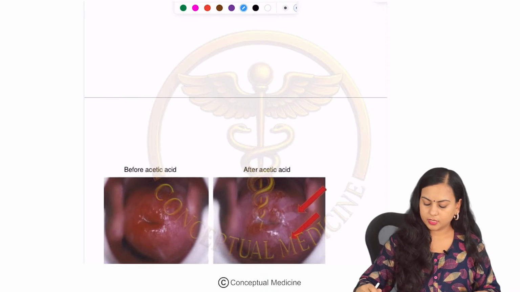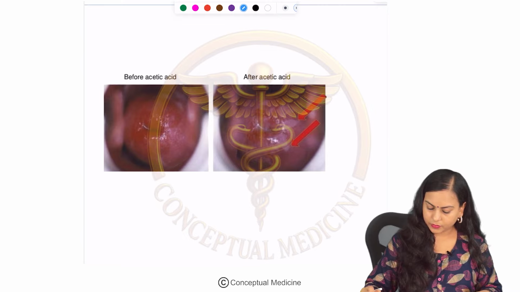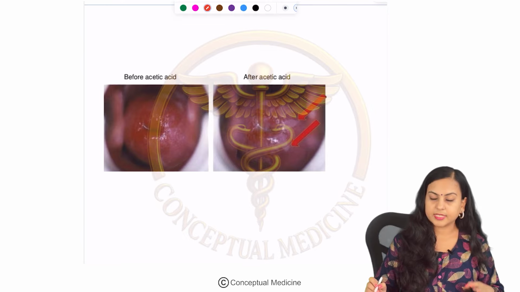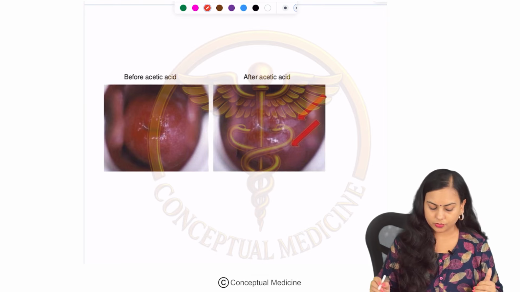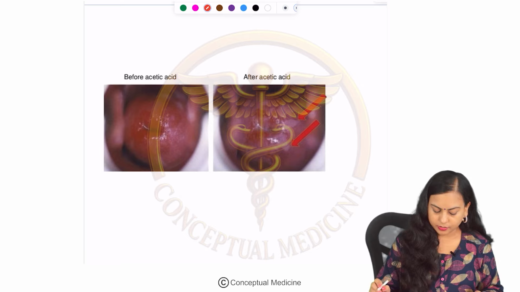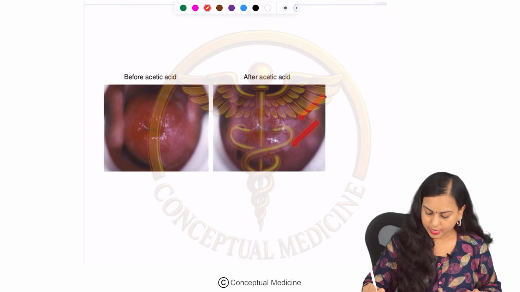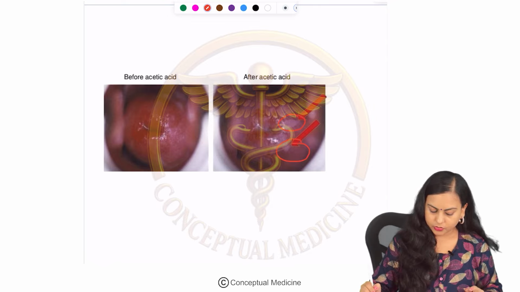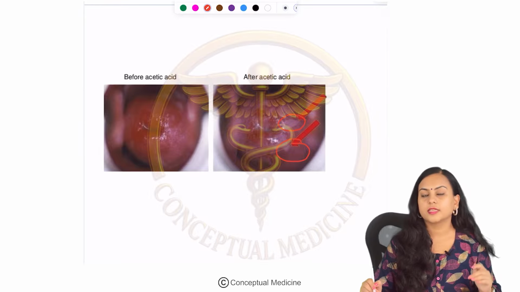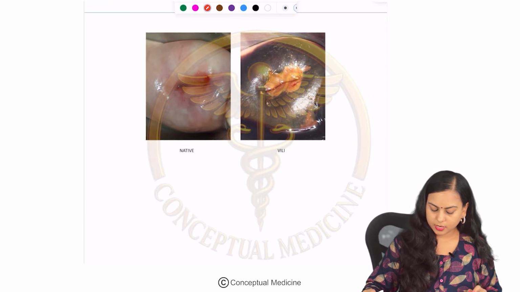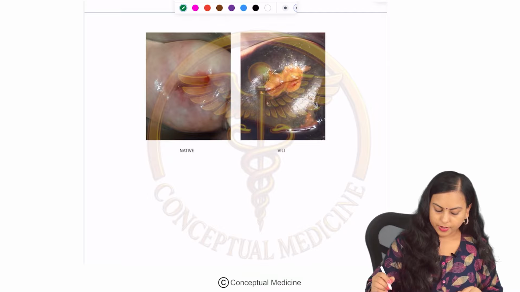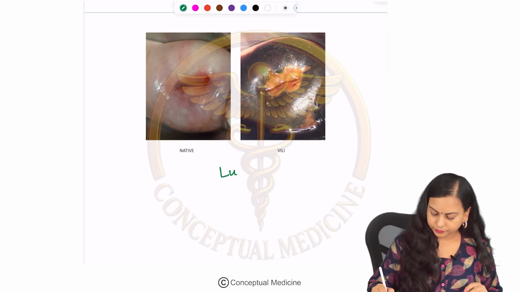Clear? Right. Now coming to this one. That is application of acetic acid over the cervix to find out whether any abnormal lesions are present or not. We apply acetic acid and check for any acetowhite areas. If acetowhite areas are present, they are considered abnormal. A similar test is the VILI test, where we apply Lugol's iodine.